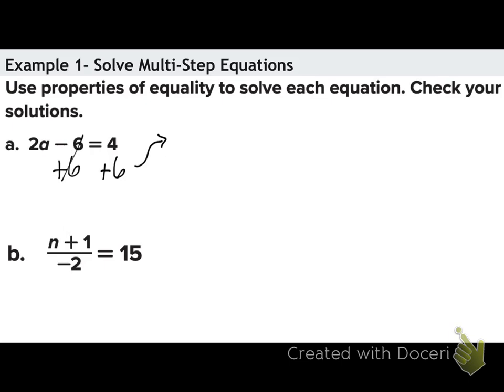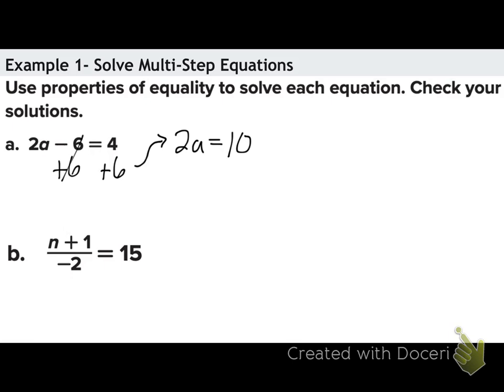After the 6's cancel on the left, what do I have left over on the left side of the equation? 2a equals, and then on the right side, what's 4 plus 6? 10. You okay with that first step that is now completed? Now, I've gotten rid of that 6. What else is on the same side of the equation as a?